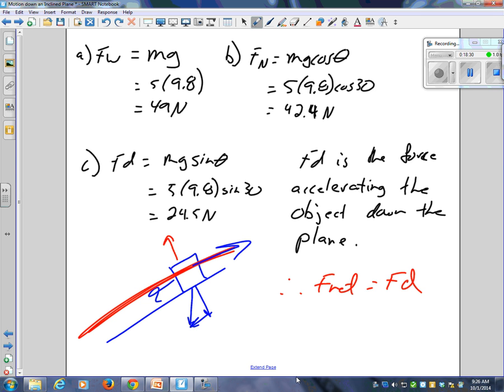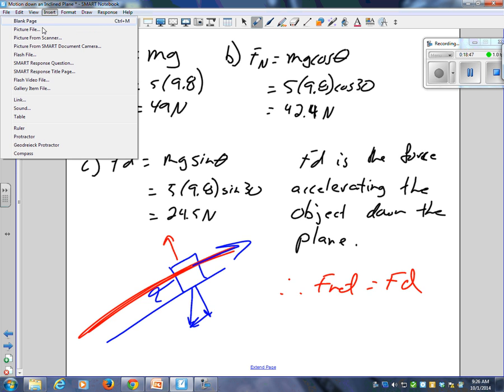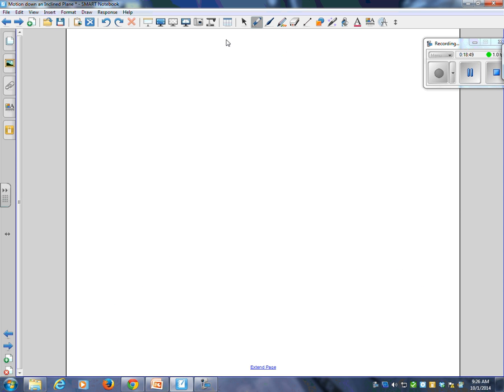And then the net force would be Fd plus Ff, with Ff being negative, and that's where we'd start introducing the negative signs, right? Okay, so what does that mean? That simply means that F net is equal to Fd, and F net is that number that we just came up with, which was 24.5.